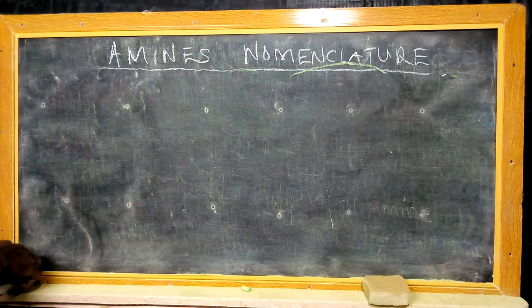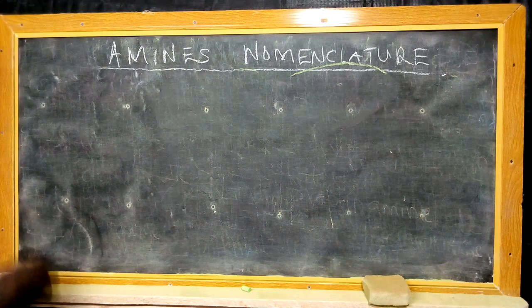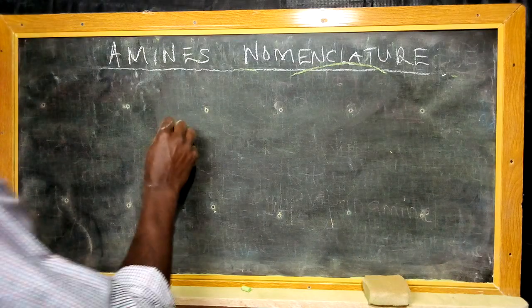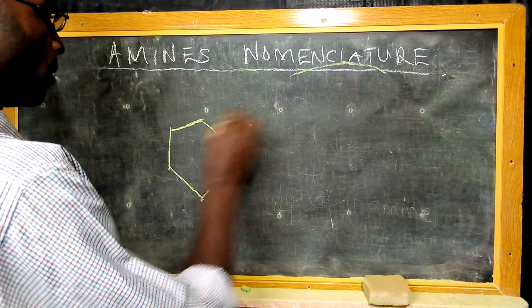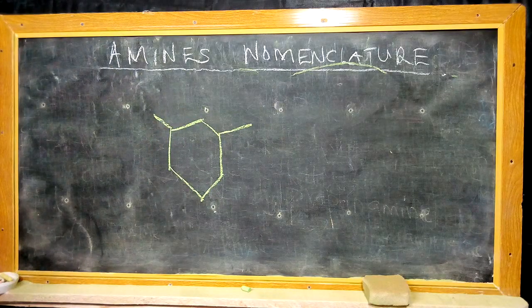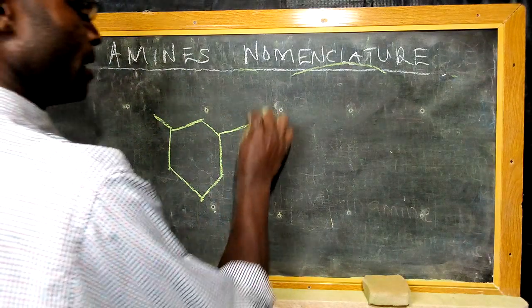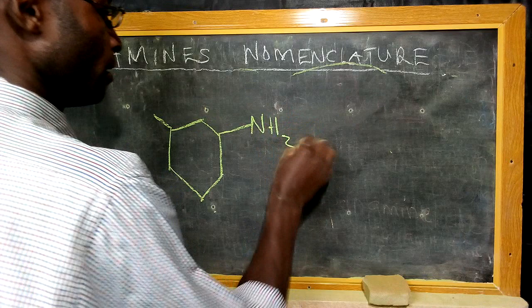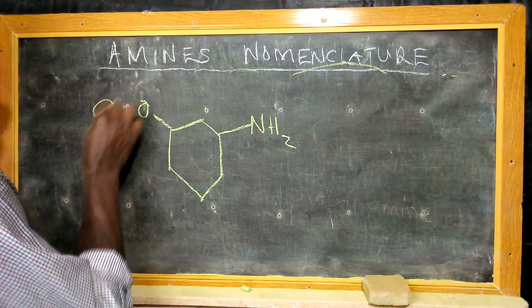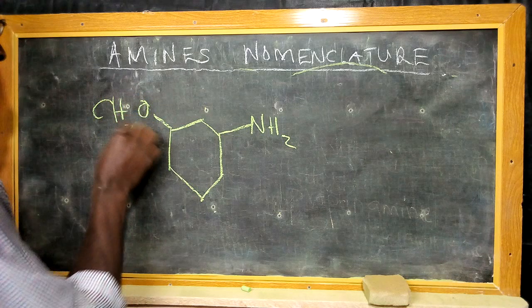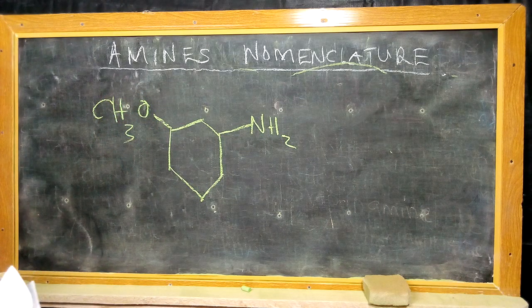So let's look at this compound. It's a cyclic one. There's a substitution at this point, and another one at this point on our left, that's CH3.